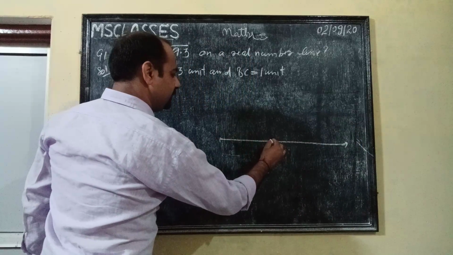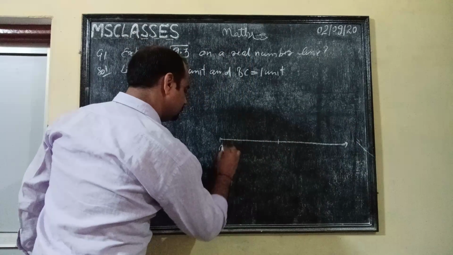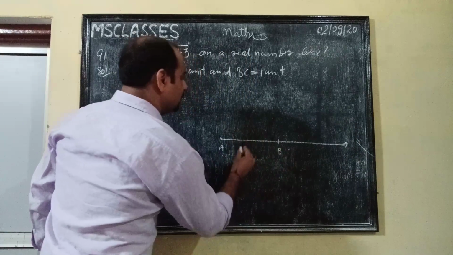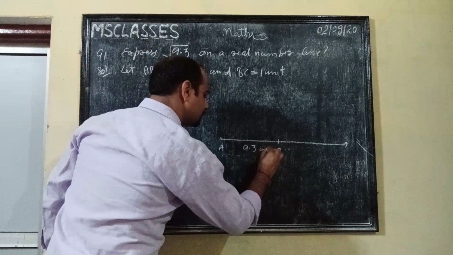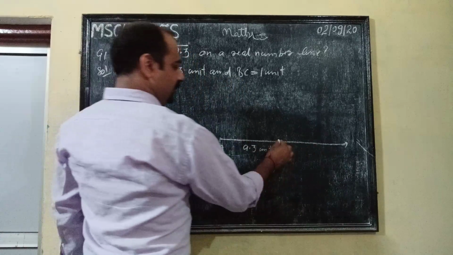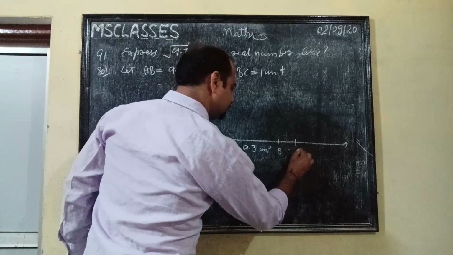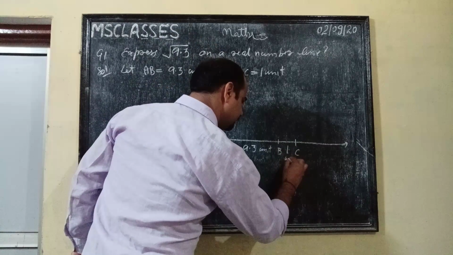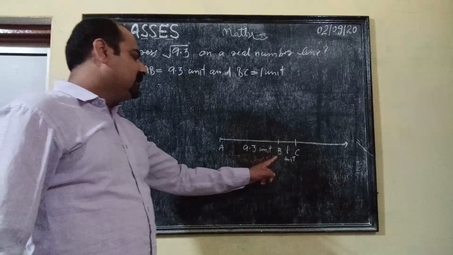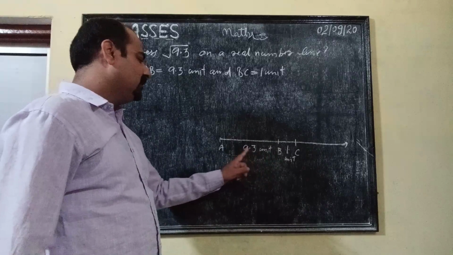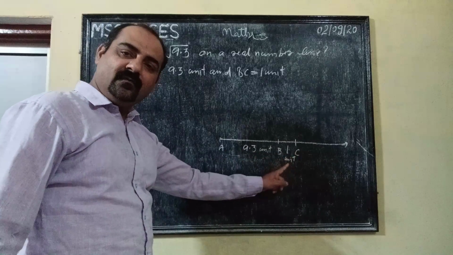This is AB is equal to 9.3 and BC is equal to 1 unit. Right? AB is equal to 9.3, BC is equal to 1.